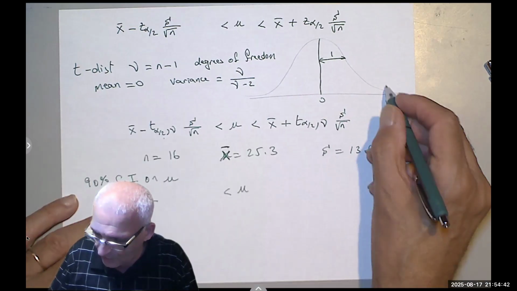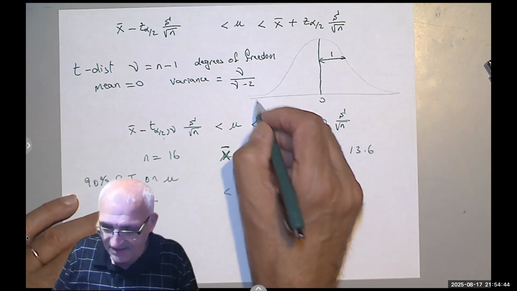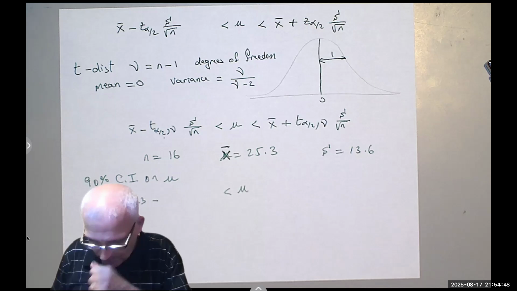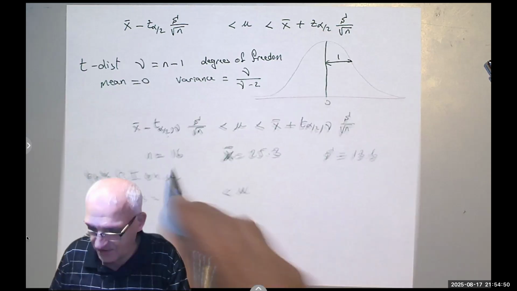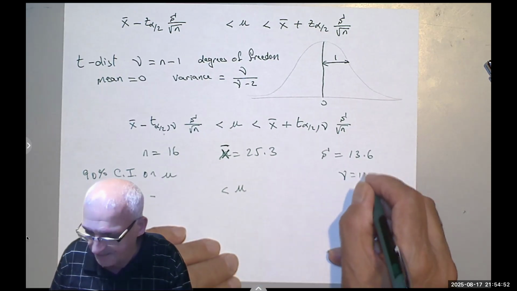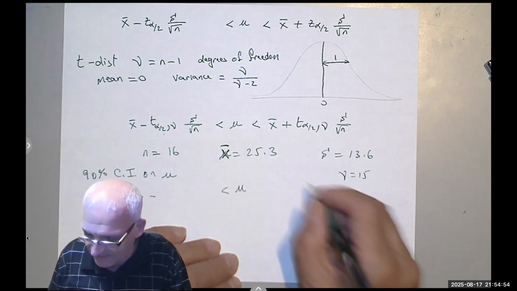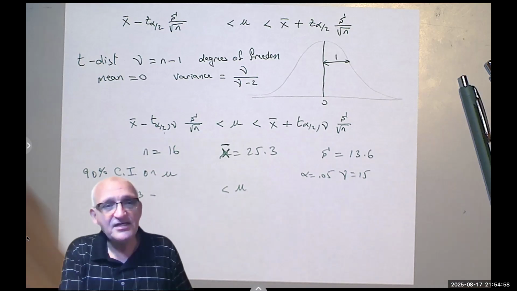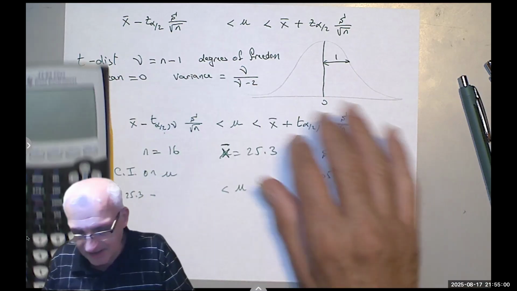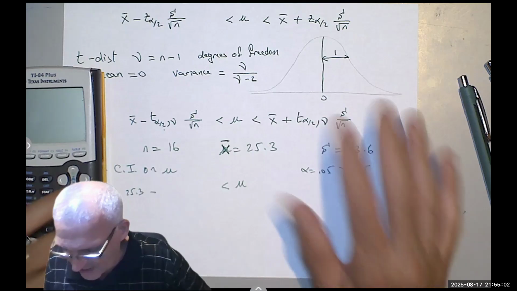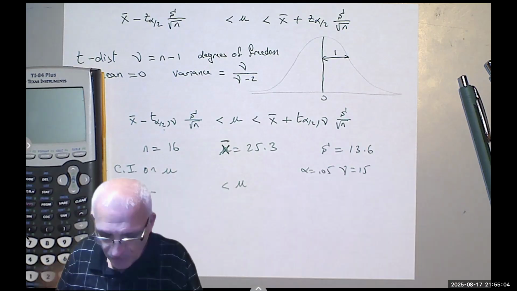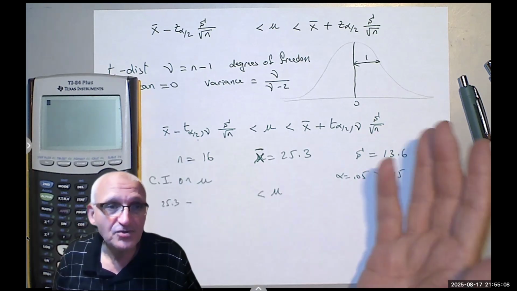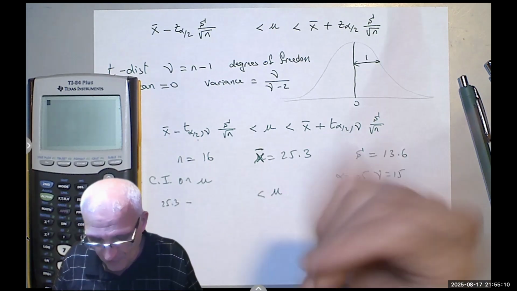So if I know t.05, and this would be the negative t.05, with 15 degrees of freedom, so nu equals 15 and alpha equals 0.05, we can use a calculator. Of course, we can find it right away if we have a computer, but I want to show you how to calculate the t from your TI-84.